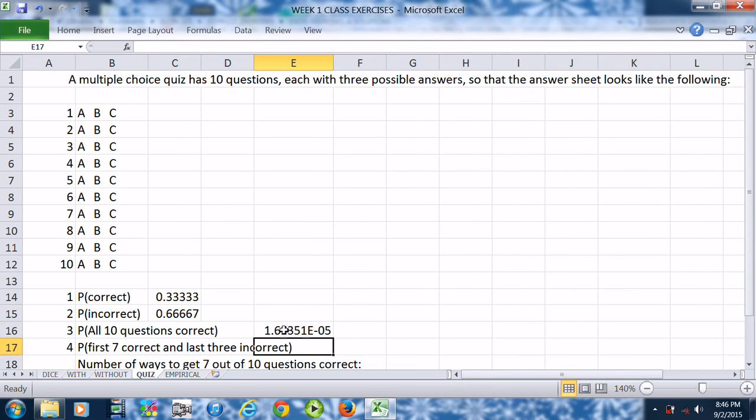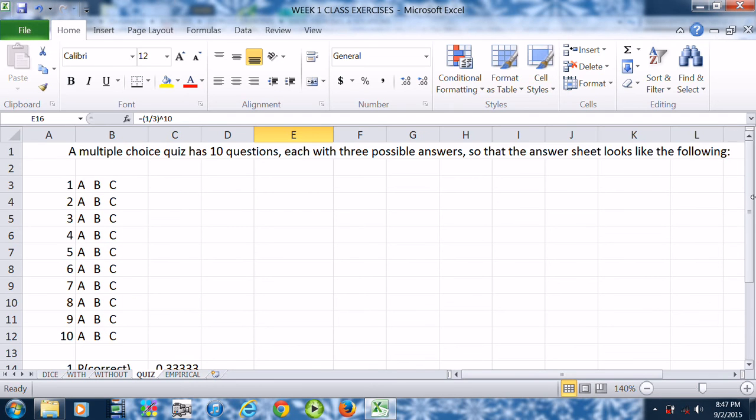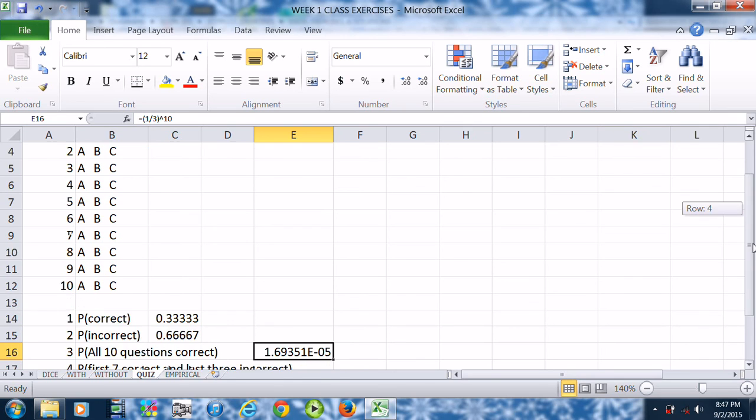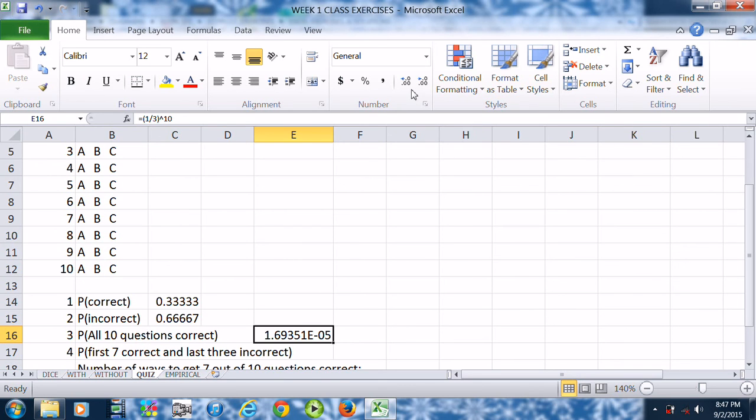Notice it's a very small probability. What this output means is that we're working with scientific notation now. This 1.69351E-05 means to move this decimal place to the left 5 places. So another way of looking at this answer would be to have a bunch of leading zeros, 4 leading zeros in fact.